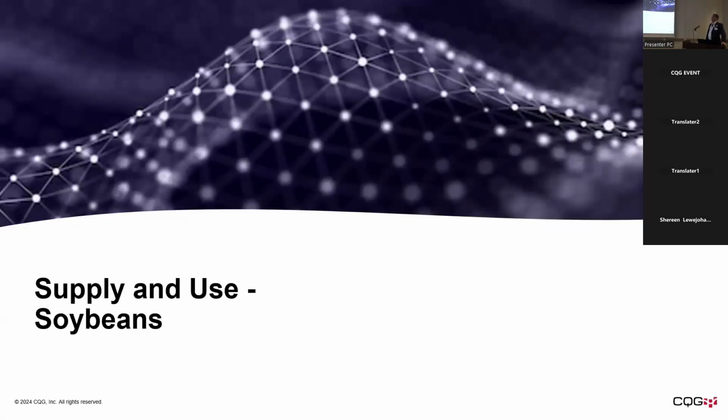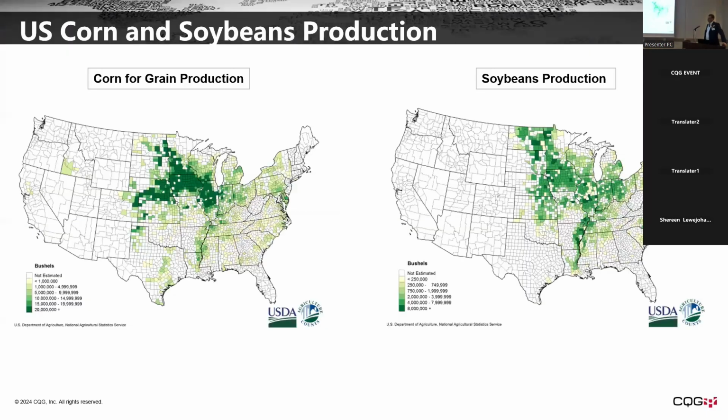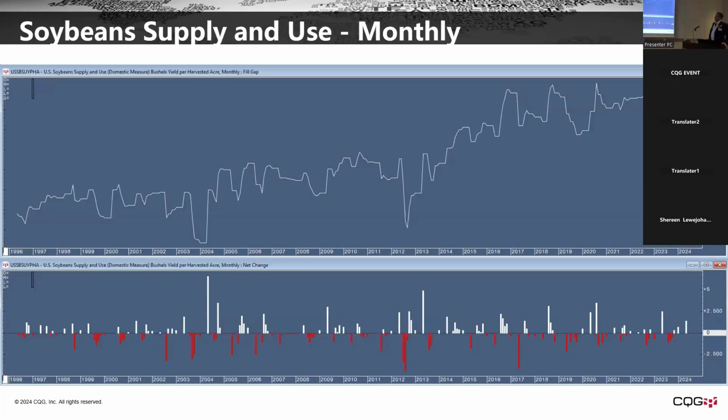So the last thing I'm going to show is a little bit of a different take on soybeans and looking at the supply and use data that we also get from the USDA. So looking at that particular production, it's fairly similar with a little bit more extension compared to corn. And we're looking here at the monthly aspect of it, just to have an overview of the supply and use yield per harvested acre of soybean from 1996.